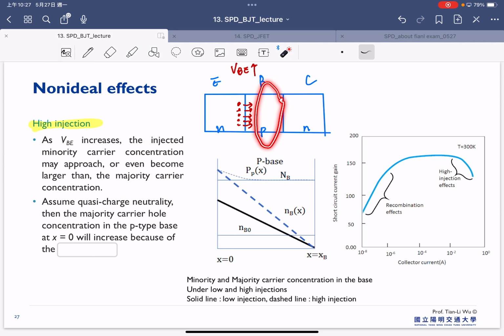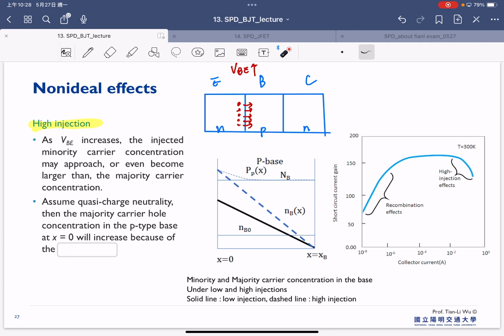high level injection here. So this is a plot for the P base region, where we have the background base doping, and right now our injected electron concentration here is higher than our background doping here. So that's the case where high level injection occurs at this moment.